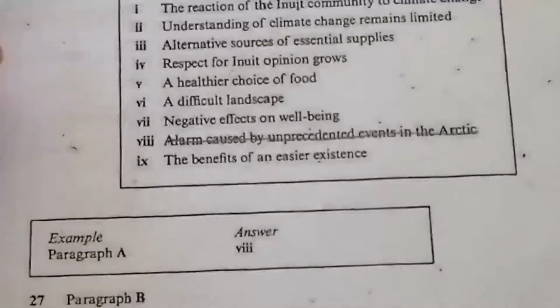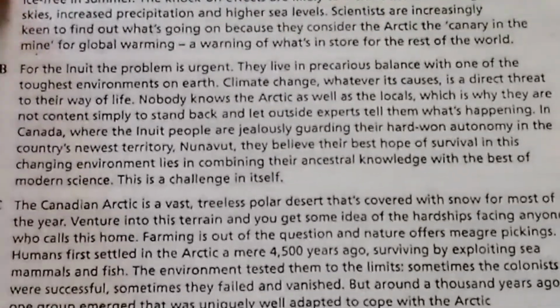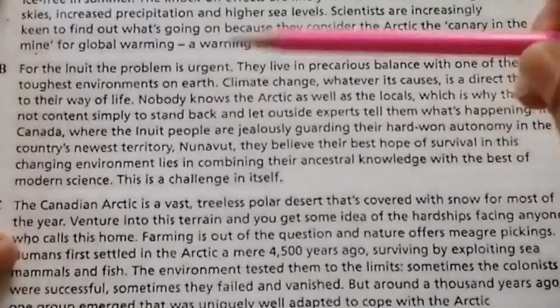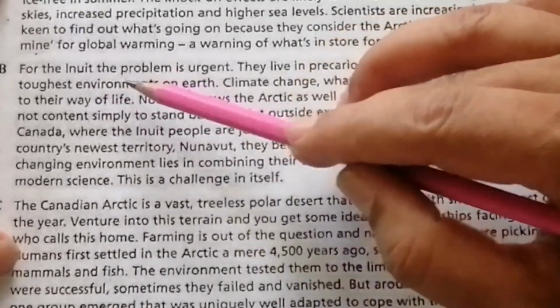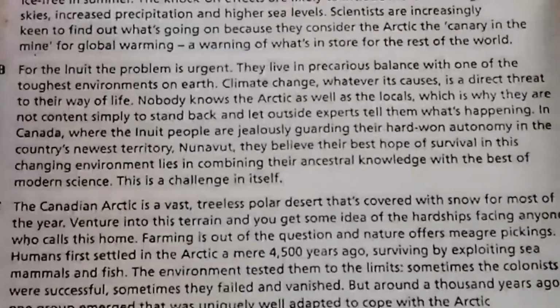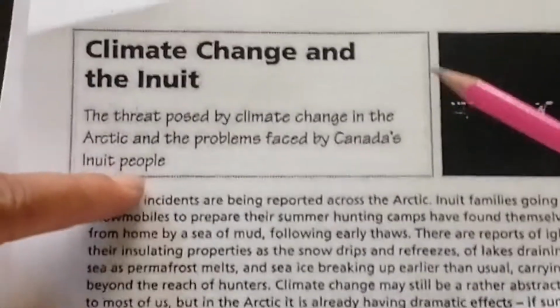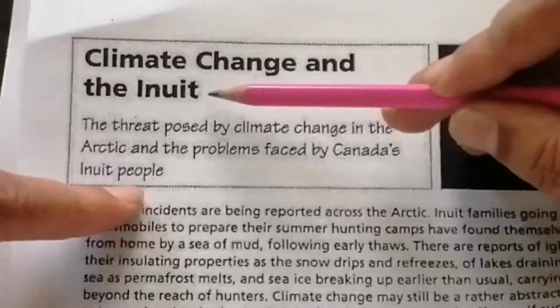Let's read paragraph B. In paragraph B, for the Inuit, the problem is urgent. So first of all, we can see the title of the passage, and the title of the passage is Climate Change and the Inuit.